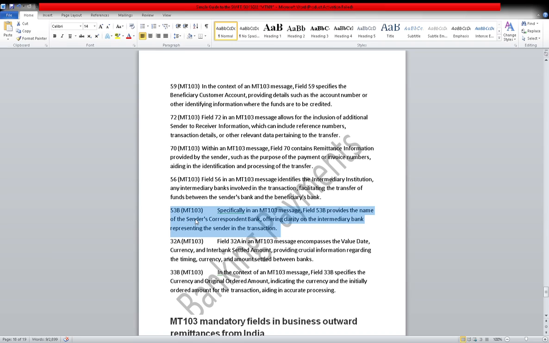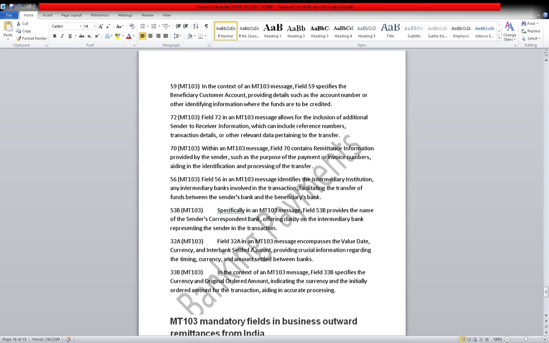This is 53B, your sender's correspondent. 53 is for your 50. If we have a direct relationship, remove this, we don't require 1, 2, 3. If you have a relationship, we don't need these three, but if you don't have a relationship, this can always be there.